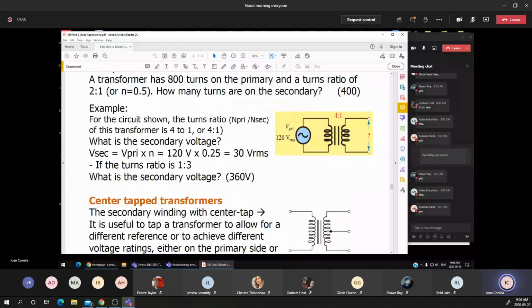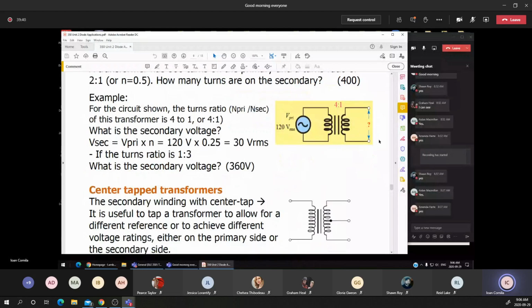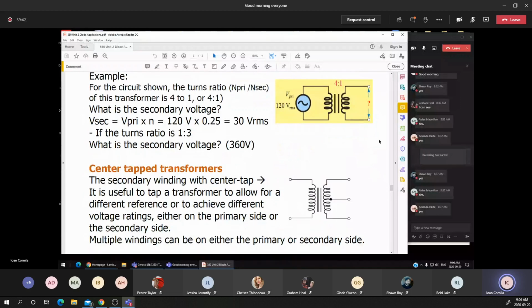You notice that I'm having the secondary winding on the right side of this diagram. I'm adding an identical winding on the secondary. Let's try a different color, probably green.